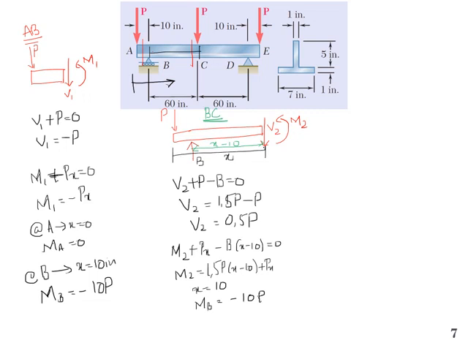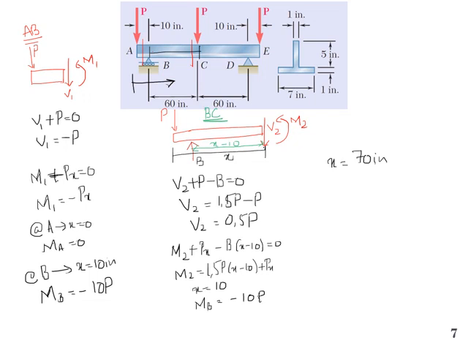Now, if I put X equal to C, that is 70 inch, because if you look at the figure, from A to B is 10 inch, from B to C is 16, so the total will become 70 inch.